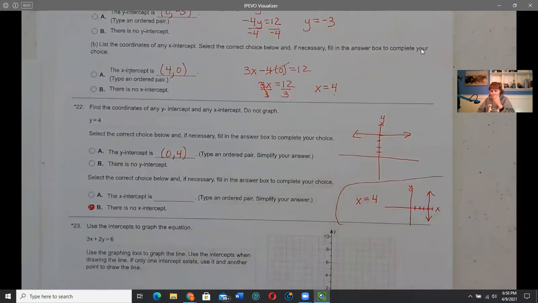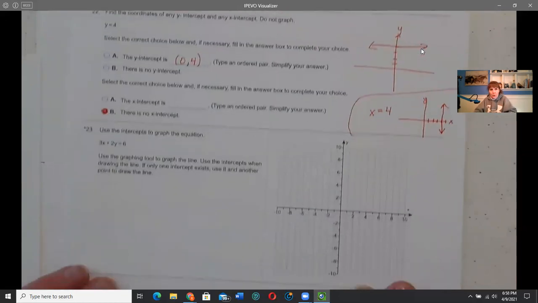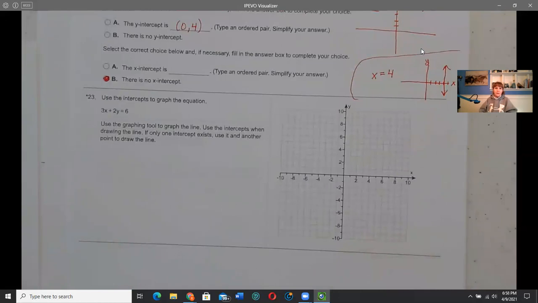Okay. Well, now we're going to use this idea to graph. Given an equation like number 23, it looks like this. And we're going to use the intercepts to graph the equation. It's not in the form y equals mx plus b, so we don't know where it hits the y-axis right now, and we don't know what the slope is. We'd have to solve this for y in order to determine the slope.